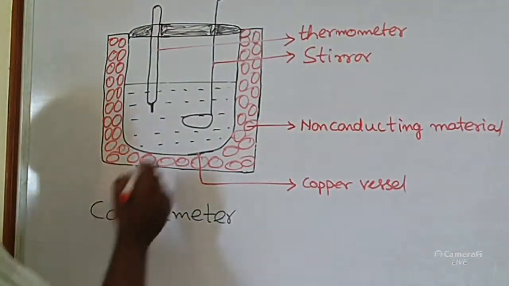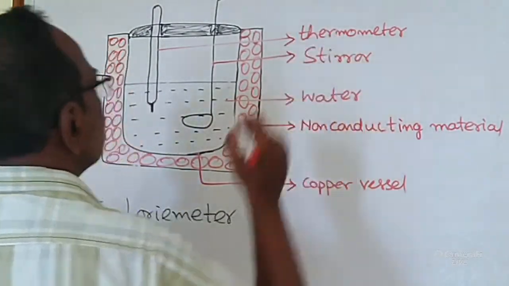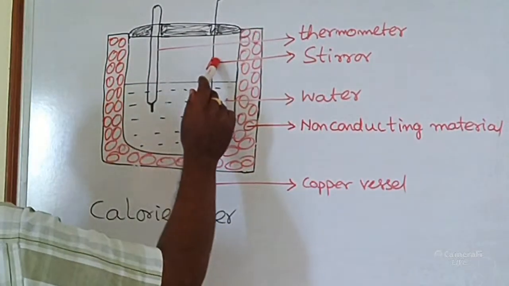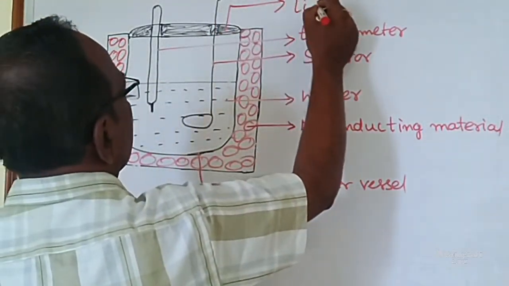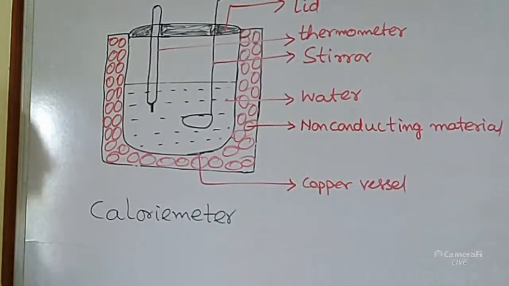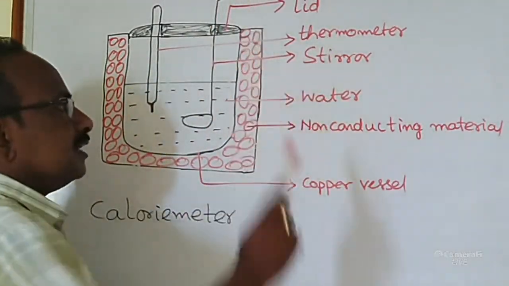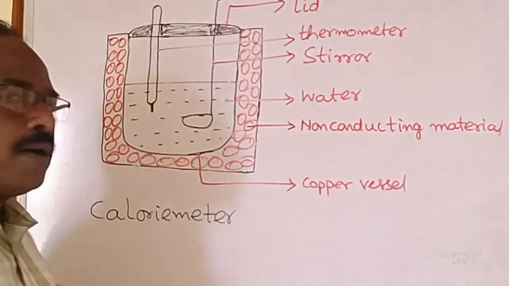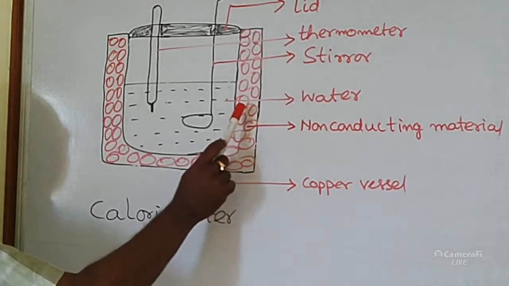Inside which one is present? Water. So this one is thermometer, this one is stirrer, this one is lid. What is the name of this one? Lid. So here you can observe, Nana, this one is called lid. So thermometer, stirrer, water, non-conducting material, copper vessel. So what is the name of the diagram, Nana? Calorimeter.